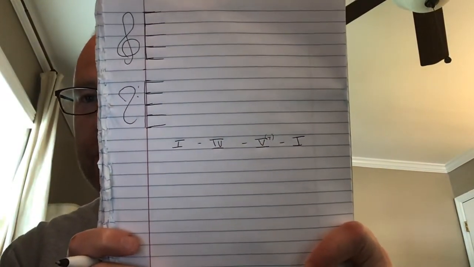All right, so the first progression we're going to do is fairly simple, actually the most simple progression: we're going to go from a 1 to a 4 to a 5, and I will also show you 5, 7, back to a 1. This is going to be our progression here.